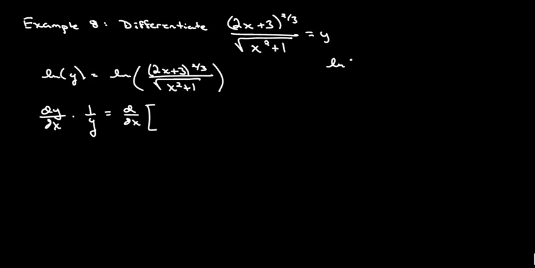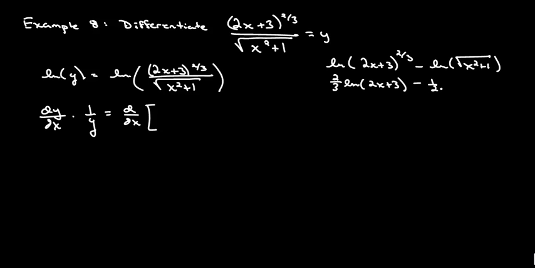So this is the natural log of 2x plus 3 to the 2/3 minus the natural log of the square root of x squared plus 1. And this guy is 2/3 the natural log of 2x plus 3. And this is minus 1/2 the natural log of x squared plus 1.